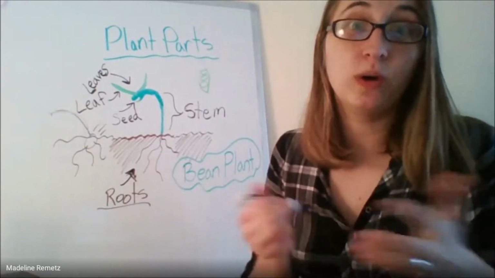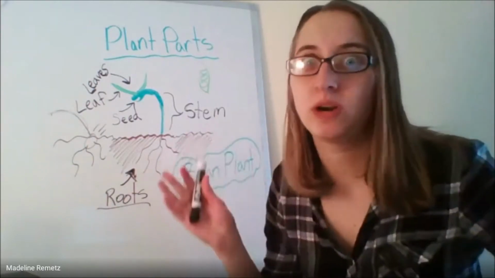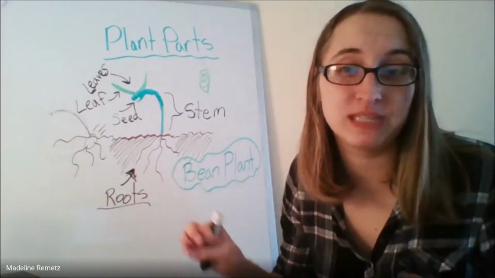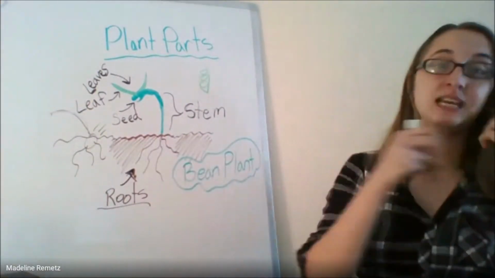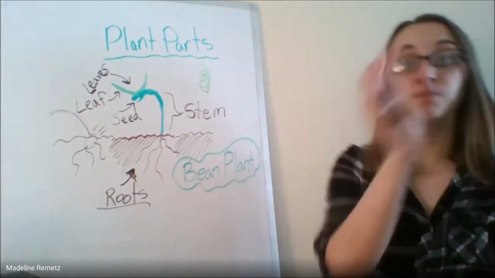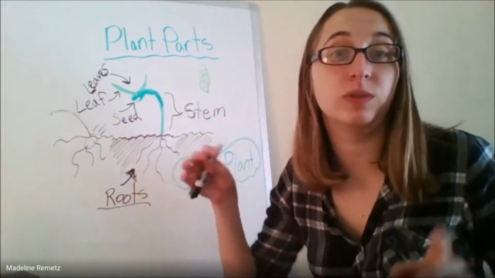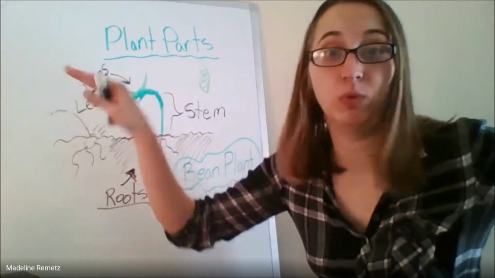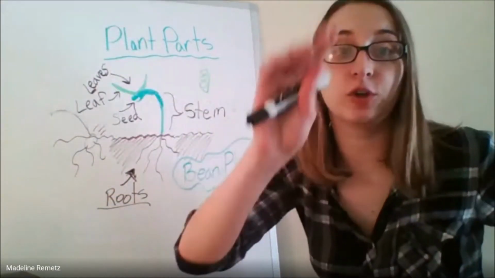Sometimes if you eat a bean, or maybe a bird or a squirrel, or another animal comes up and eats this plant, they are going to take away the seed from that plant and plant it somewhere else. And that's how plants, even though they can't move except with the wind, are able to set their seeds other places.